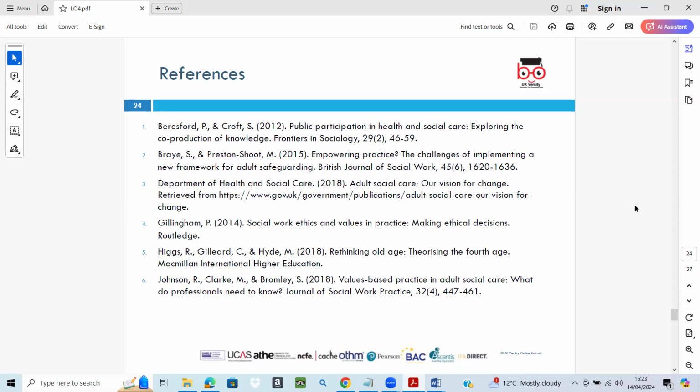For example, in our future role as social care professionals, or when we are working in the field, we need to remember that our actions and decisions have a profound impact on the lives of individuals who are often at their most vulnerable, and strive to embody the values we have discussed today in every interaction and decision.